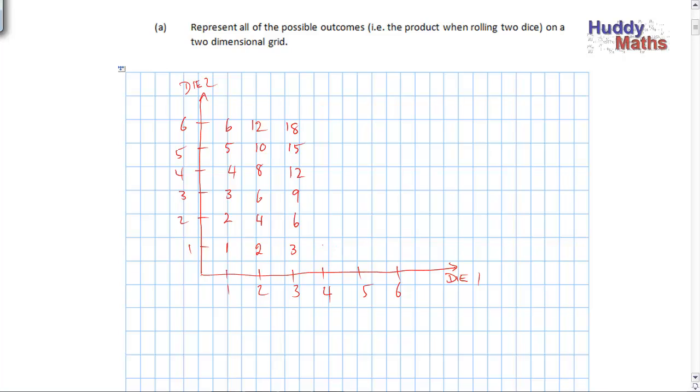And 4 then, 4, 8, 12, 16, 20, 24, and 5 ones are 5, 10, 15, 20, 25, 30. Then 6s, 6, 12, 18, 24, 30, 36. Okay, so there are our possible results there.